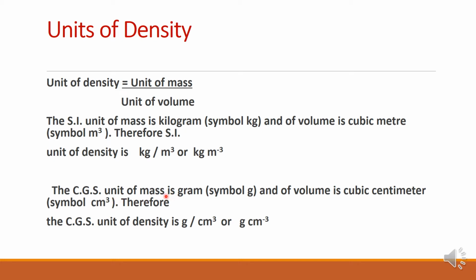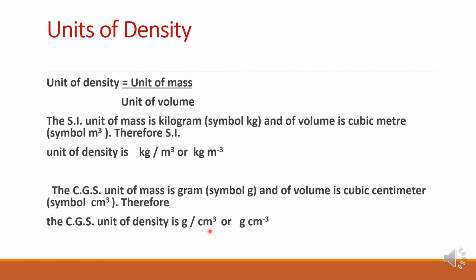In CGS, for mass you write gram and for volume you write centimeter cube, so it is gram per centimeter cube. Very important, remember: the SI unit of density is kilogram per meter cube. The CGS unit of density is gram per centimeter cube.